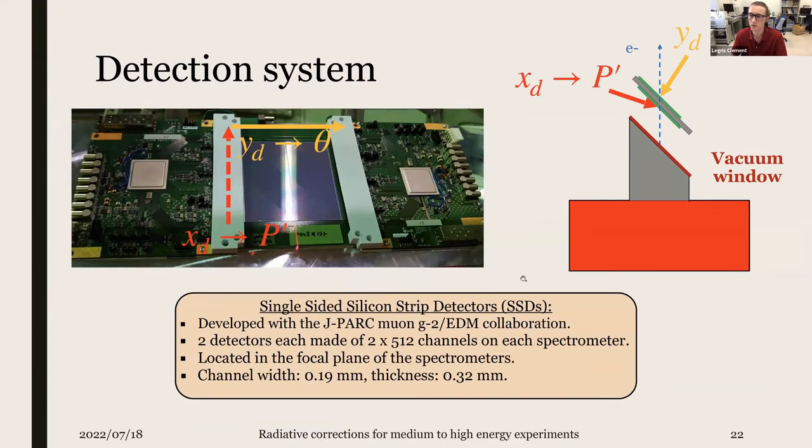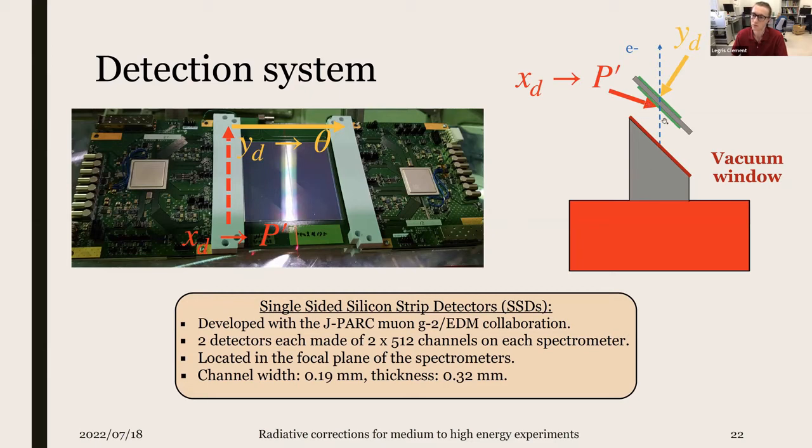The detection system of the ULQ2 experiment is called SSD, single-sided silicon strip detectors, developed by the JPAC Muon g-2 EDM collaboration. For each spectrometer, we use 2 detectors, each made of 2 times 512 channels, located in the focal plane of the spectrometer.